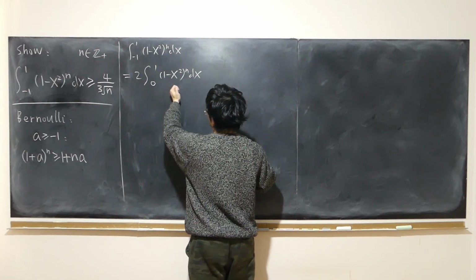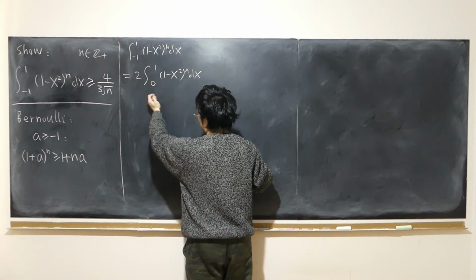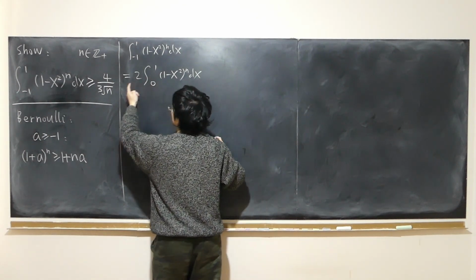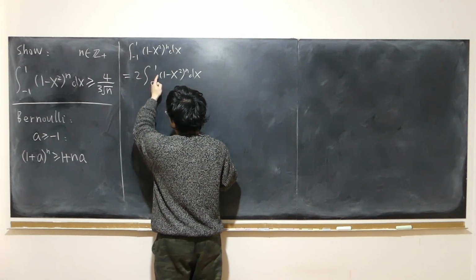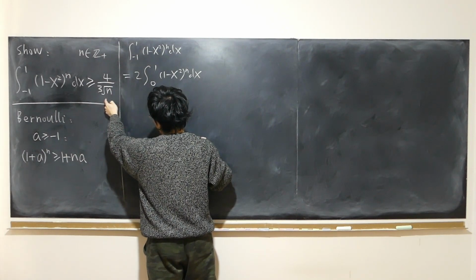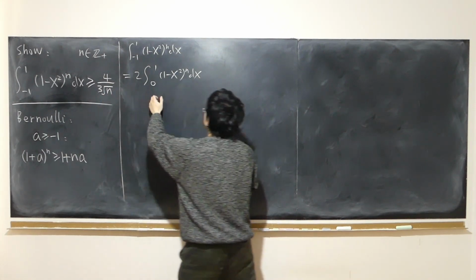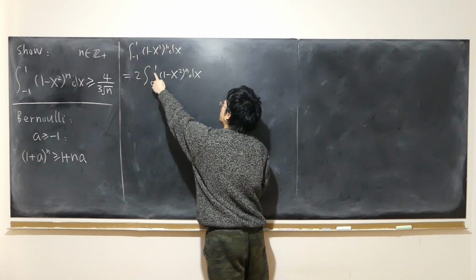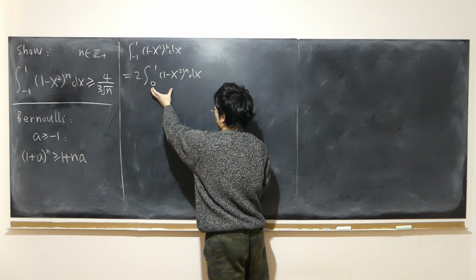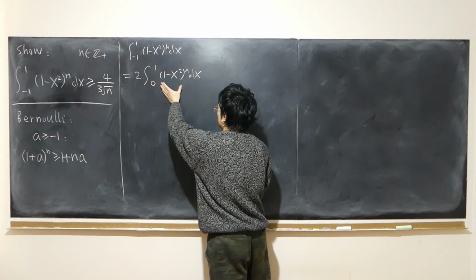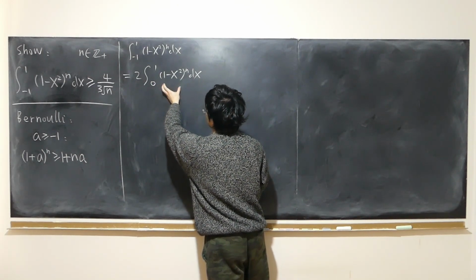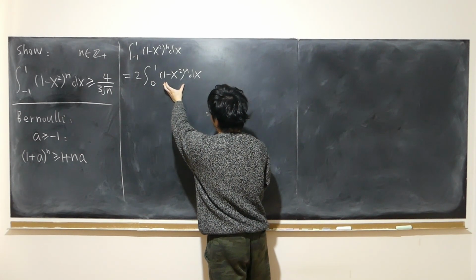And before we apply the Bernoulli inequality, first we have to change the boundaries, right? We're going to change 1 into 1 over square root of n, motivated by this result, square root of n on the bottom. If we change 1 into 1 over square root of n, that means we've shortened the interval. Because x is between 0 and 1, the integrand is non-negative.